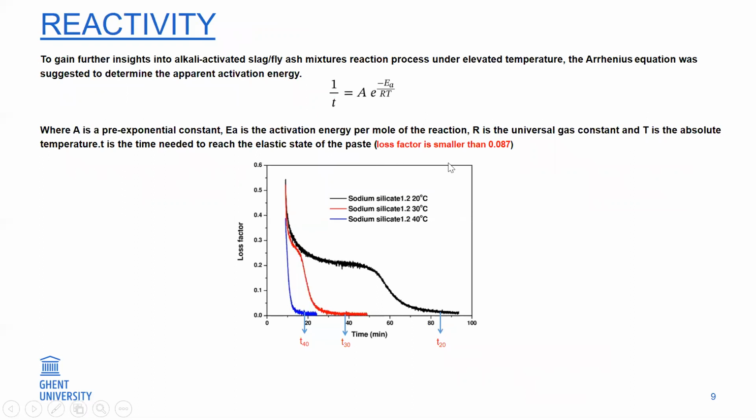Generally, we choose when the loss factor is smaller than 0.087, we consider that the paste has reached the elastic state. So here you can see that around 20 minutes is when the paste reaches the elastic state. That's the way we choose the parameters for this equation.